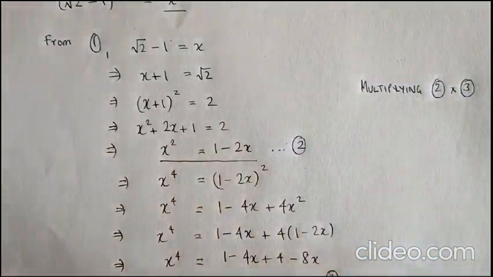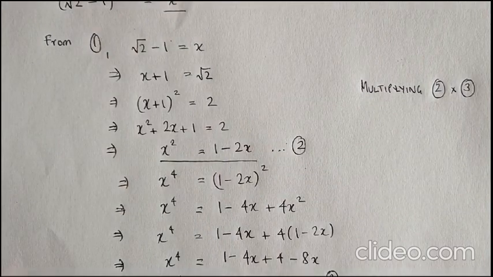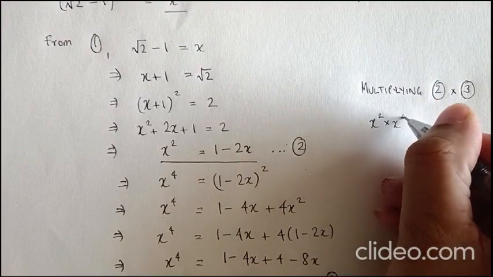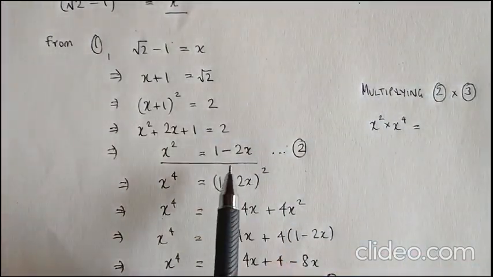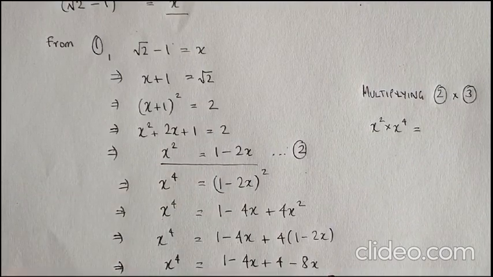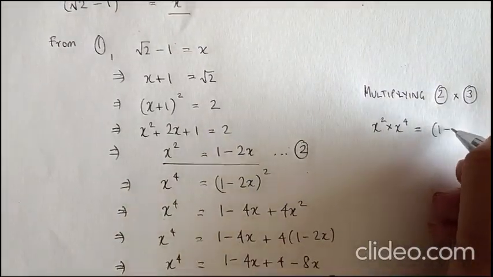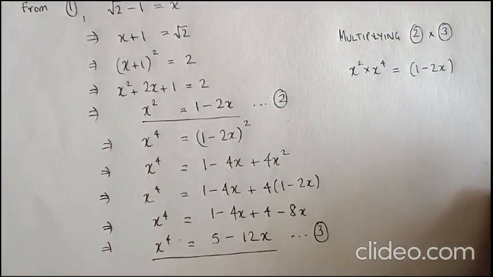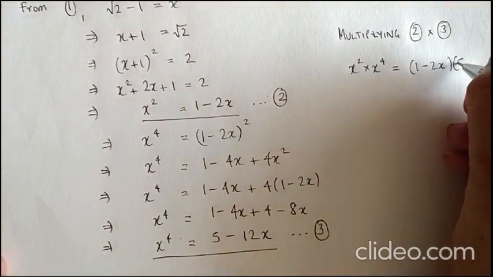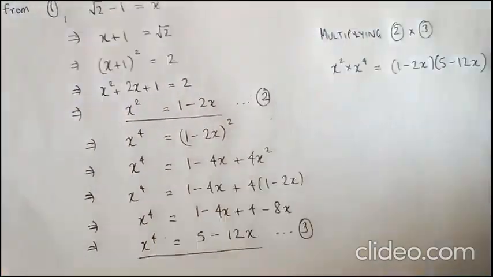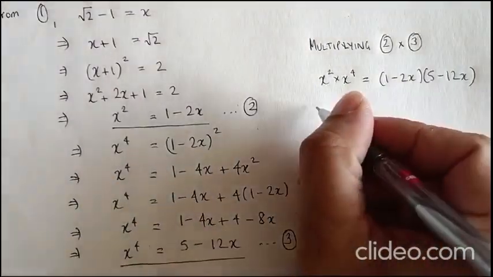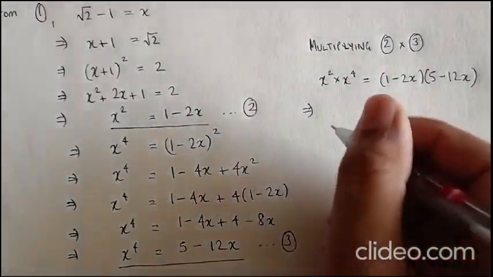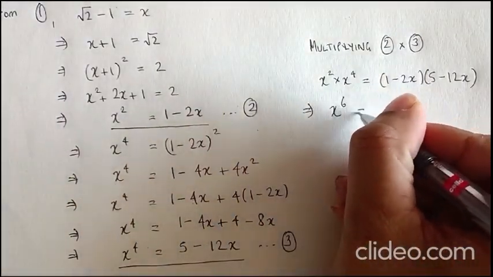So what is our left hand side? X squared into x to the power of 4. So x squared into x to the power of 4 is equal to 1 minus 2x into 5 minus 12x. Yeah. Now x squared into x to the power of 4 will be x to the power of 6.